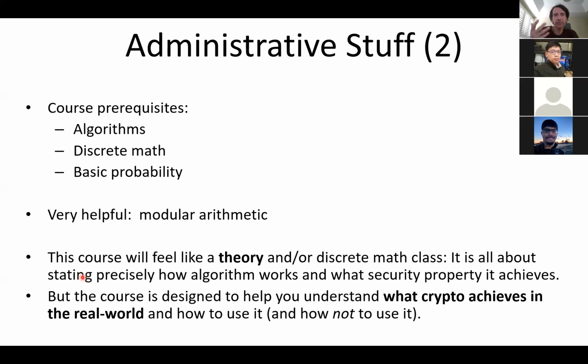But the skills with which you need to be able to reason about this are kind of like analysis of algorithms skills. So that's what the class will look like.